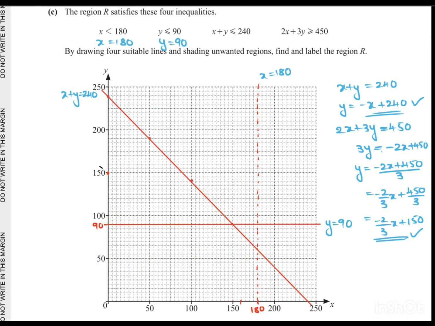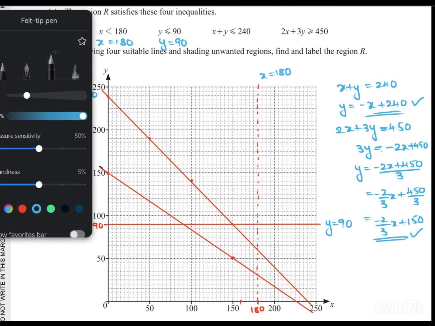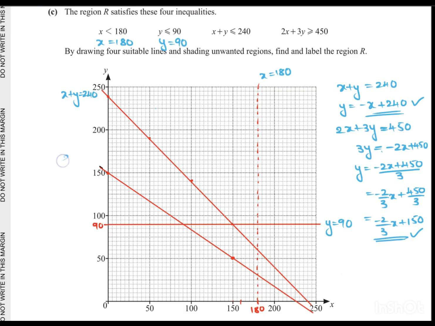So this will be the point where we have to mark and try to join them using again a bold line, because it is greater than or equal to. Extend it. Yes. So this is the line 2x plus 3y is equal to 450.